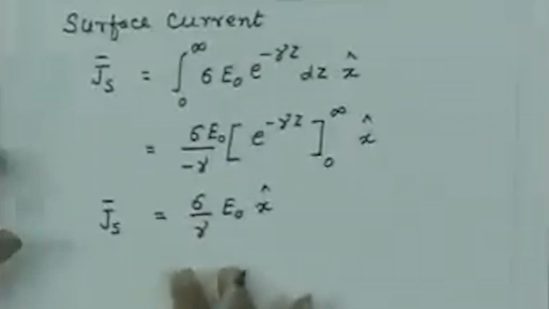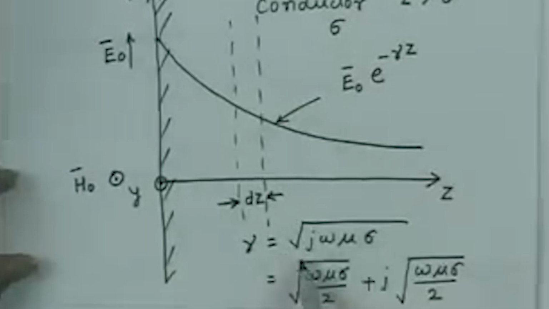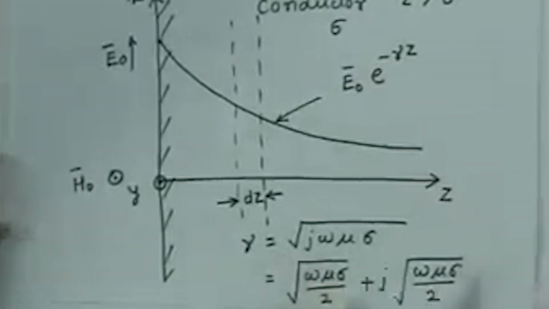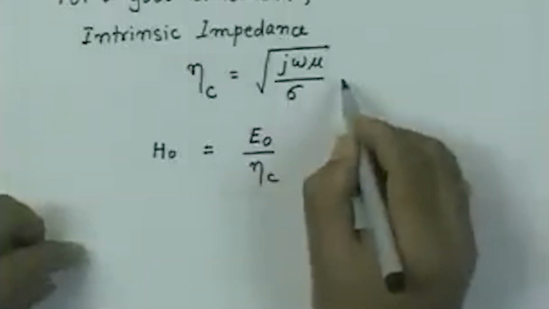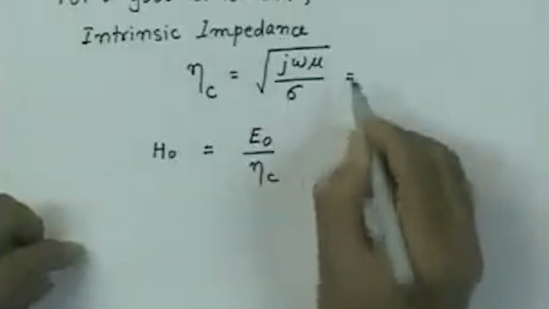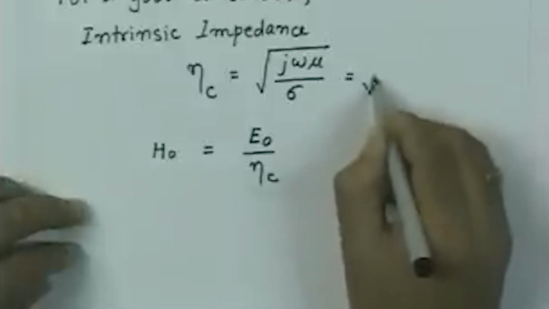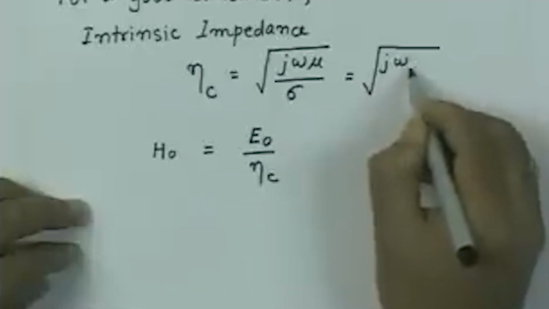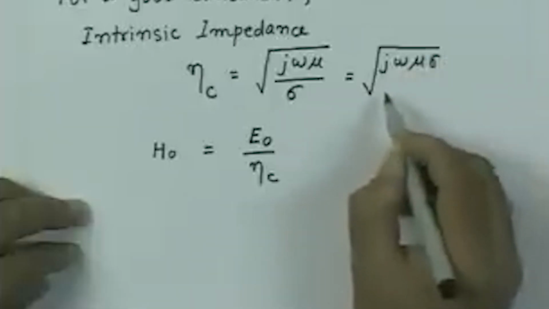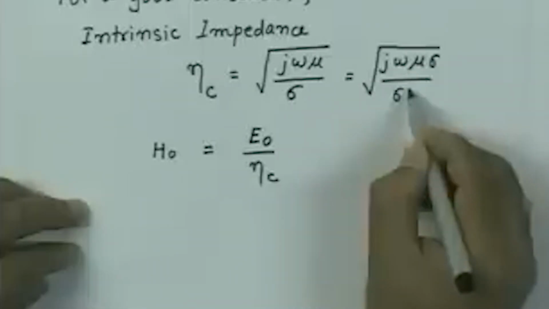Now, recall the gamma which we got is this quantity, square root of j omega mu sigma, that is gamma. So, eta c which I write here, this I can write as equal to square root of j omega mu sigma upon sigma square.